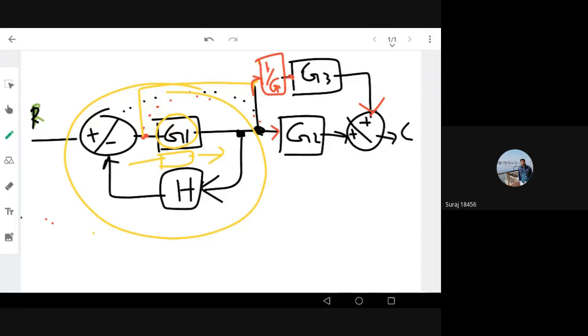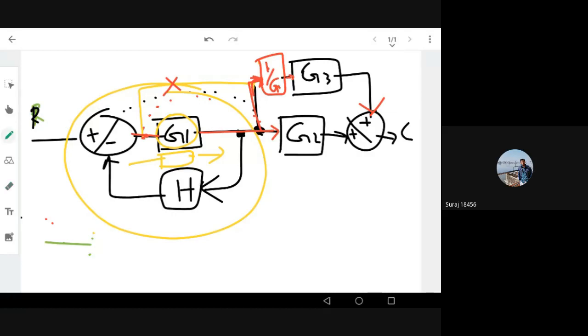Okay, so initially I was taking from here, so I reduced this and I have made the signal cross through G1. Now I'm taking the signal from the right side of the block. So right now the block diagram is simplified. Now I can combine the closed loop here. This guy R is coming in, and all the plus and minus I can reduce.